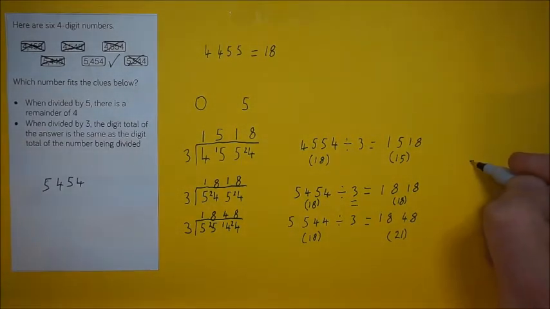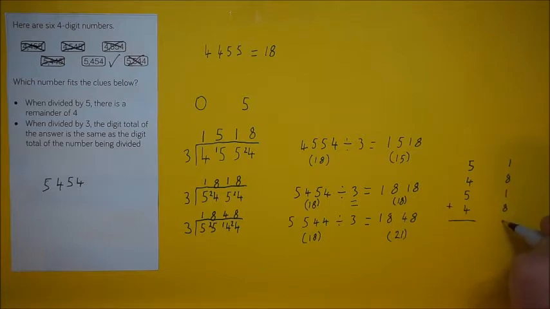So just to show you what was happening, it was 5 plus 4 plus 5 plus 4, and it was 1 and 8 and 1 and 8. So 5 and 4 is 9, plus another 5 is 14, plus another 4 is 18. Yep, happy with that. 1 and 8 is 9, plus another 1 is 10, plus an 8 is 18. There you go.